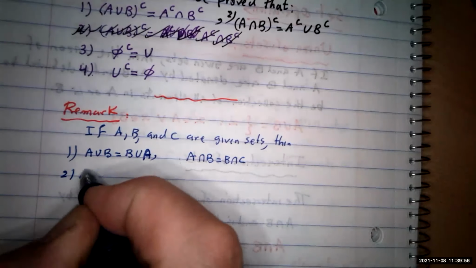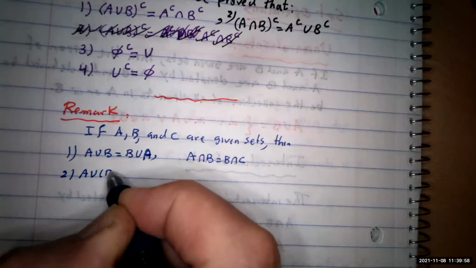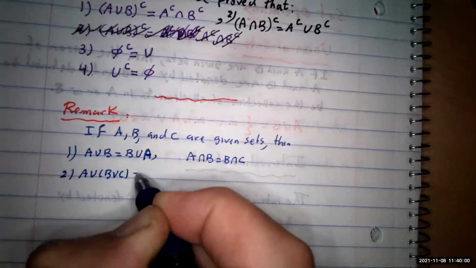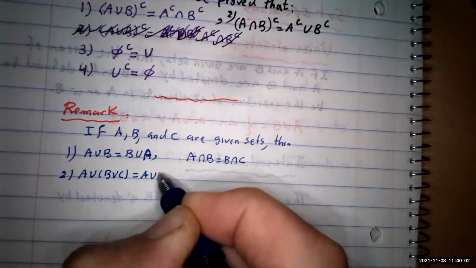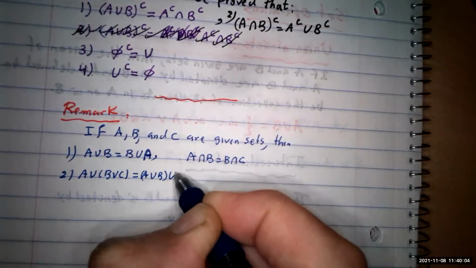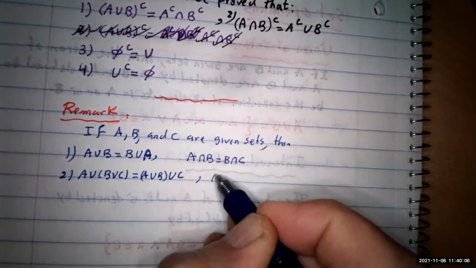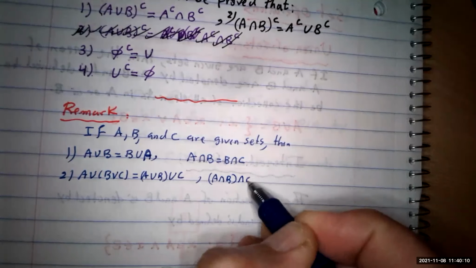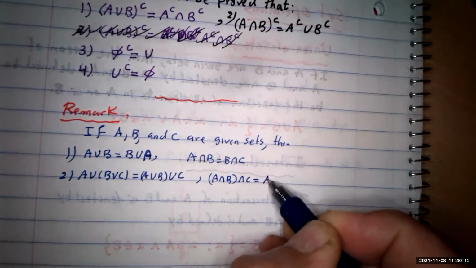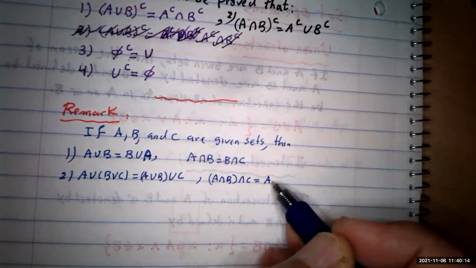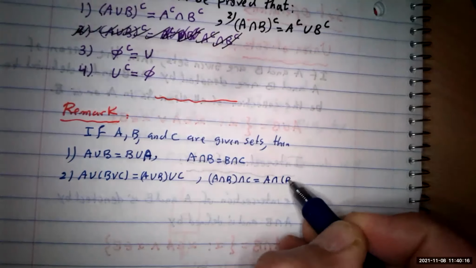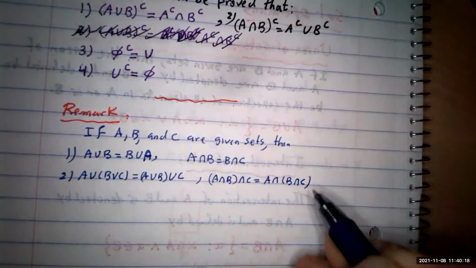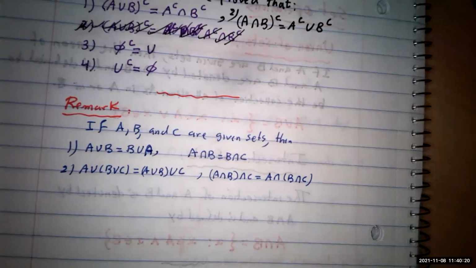For example, the associative property, it's going to be the same thing. A union B, union C, and you can go with the intersection that gives you the same thing: A intersect B intersect C. Okay, so that's going to be the usual one.